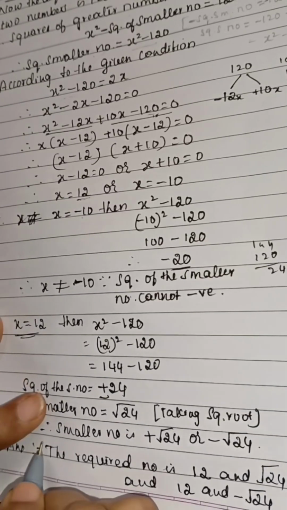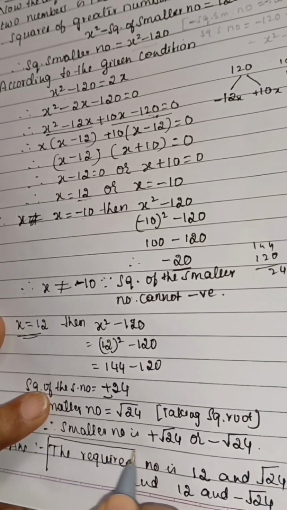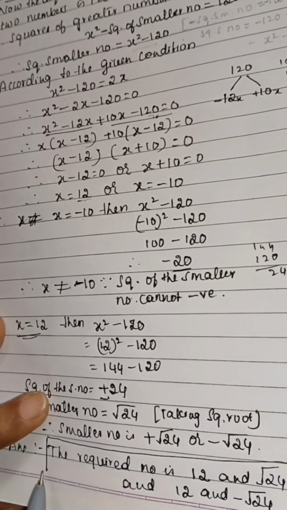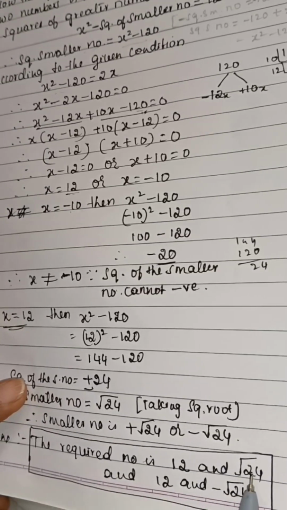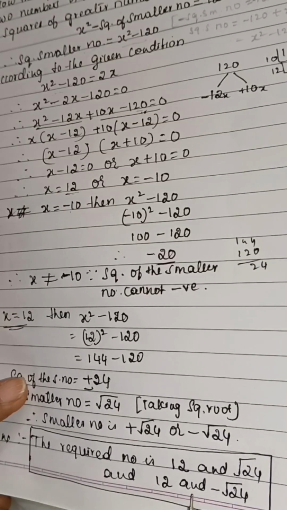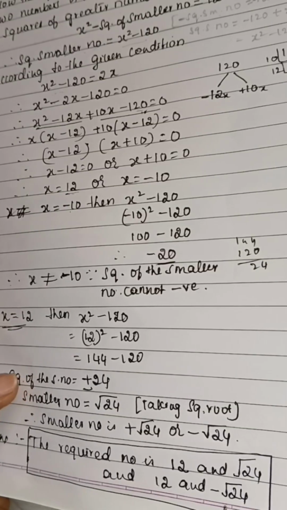So this is the answer. One is 12 and plus root 24. Another one is 12 and minus root 24. Okay.